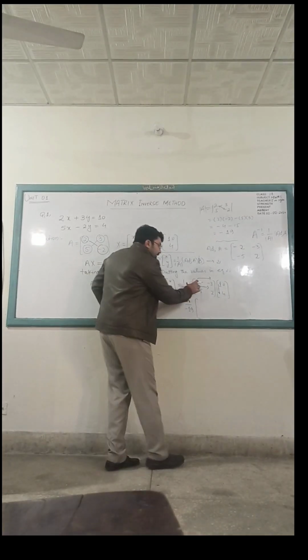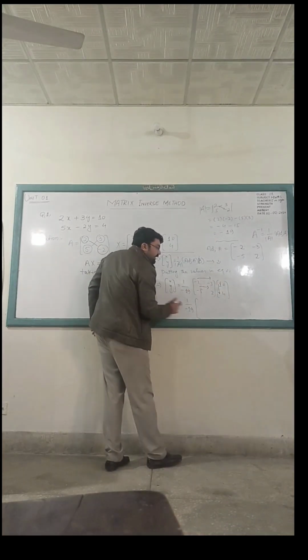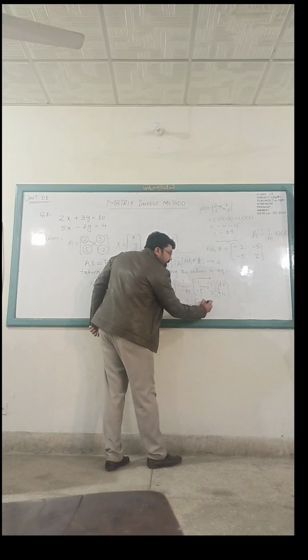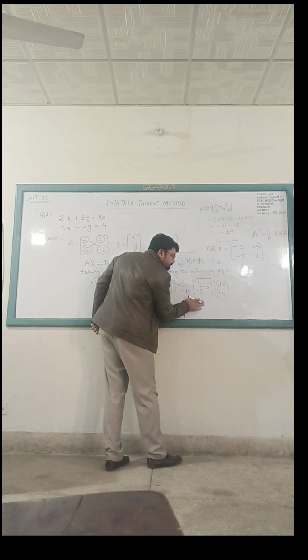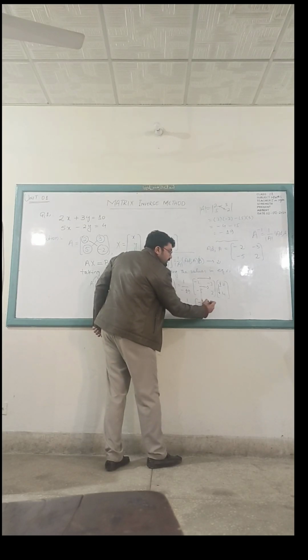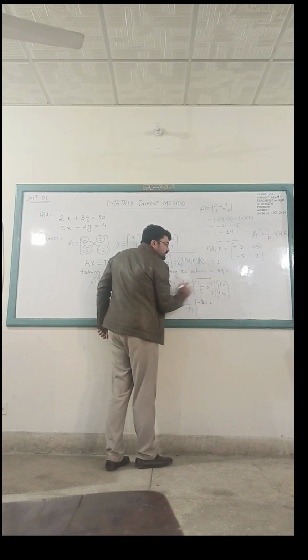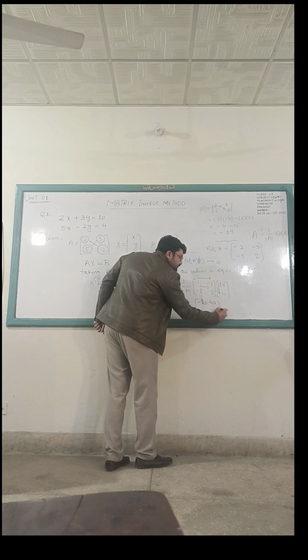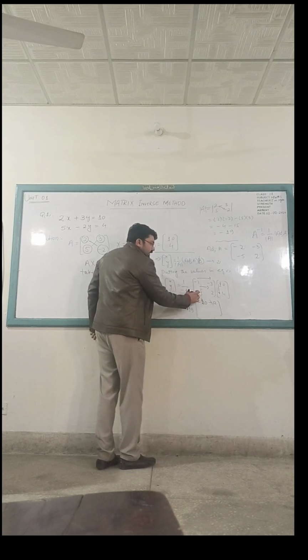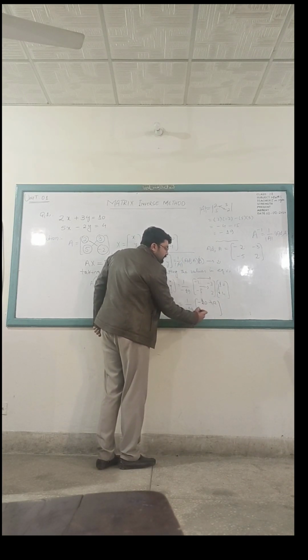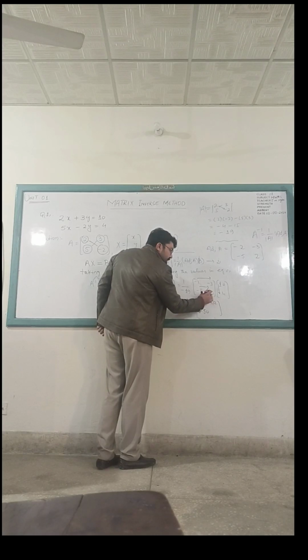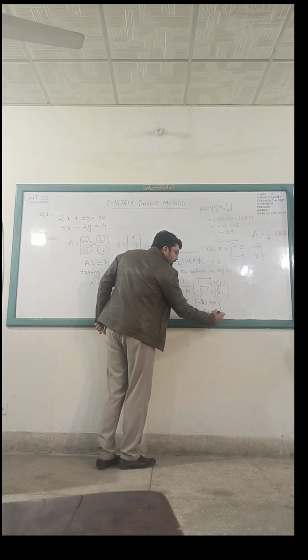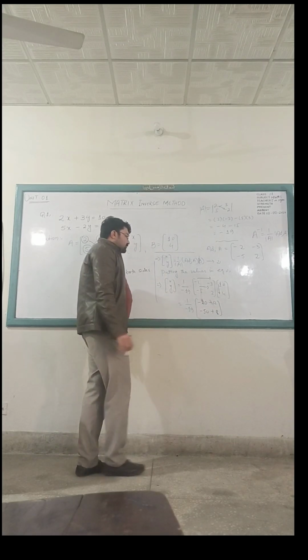So it will become minus 2 multiplied by 10 is minus 20, plus 4 3s are minus 12. Similarly, minus 5 multiplied by 10 is equal to minus 50, plus 4 2s are 8. Okay.